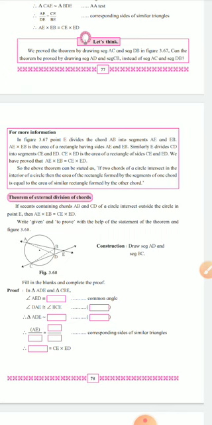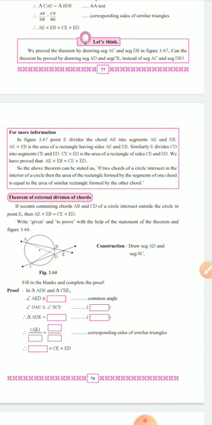According to the theorem of external division of chords, if the secants containing chords AB and CD of a circle intersect outside the circle in the point E, then AE into EB equals CE into ED.